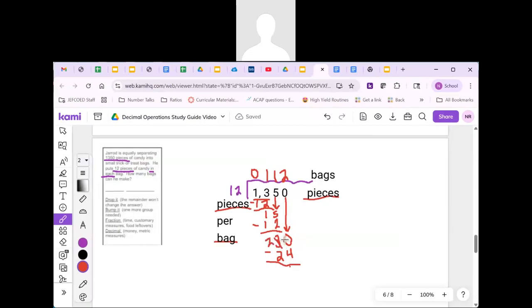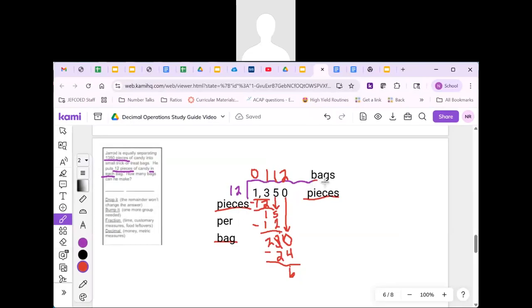I'm regrouping, right? This is a 10. 10 minus 4 is 6. Okay, so I see that I have a remainder, and I'm like, no! But I'm really happy on this one because I'm thinking, what does the remainder mean in this problem? Can I get another bag?